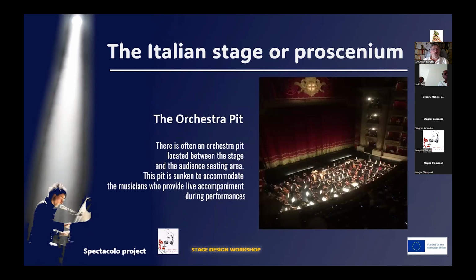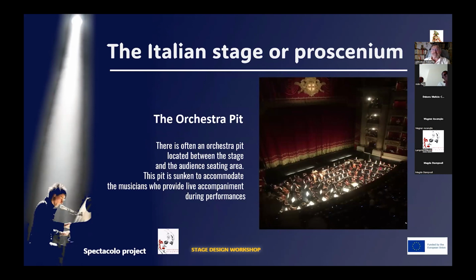The orchestra pit now. There is often an orchestra pit, as I mentioned before, in this kind of theater. Especially in opera houses, where the orchestra is necessary, of course. There is often an orchestra pit located between the stage and the audience seating area.